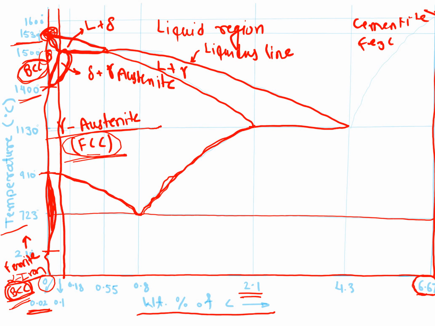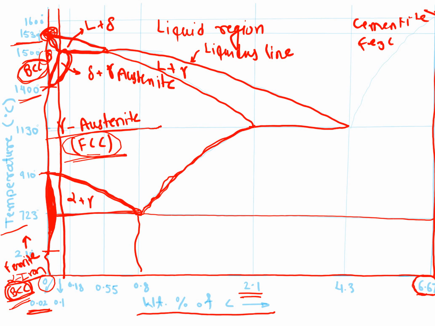Now for this region, which we have already named, this side gamma austenite and this side alpha ferrite. So this will be alpha plus gamma.